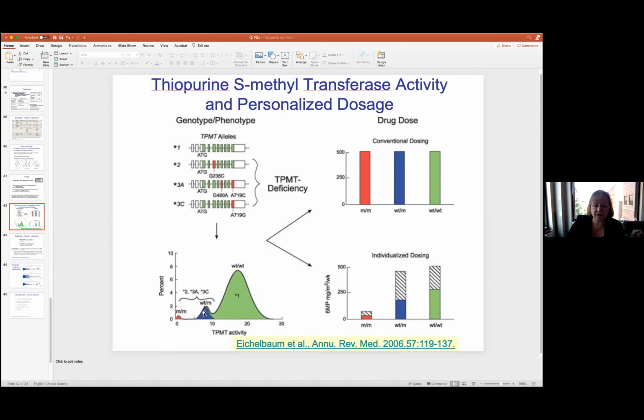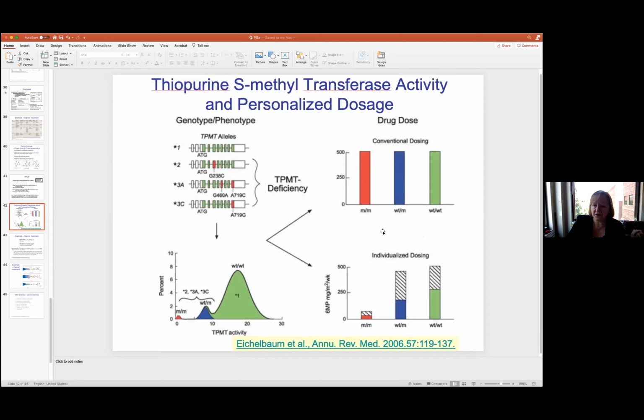The percent of drug that is being processed is very, very low when you have any of those star 2 or 3 alleles. Whereas with a wild type, now you can have a decent amount of activity and a decent amount of excretion. So then the idea here is looking at individualized dosing.